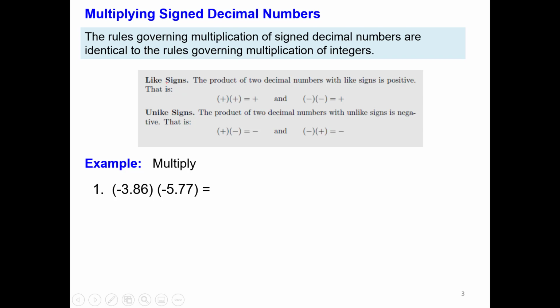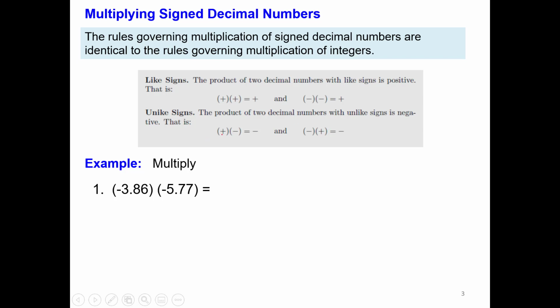If we have like signs, the product of two decimal numbers with like signs is always positive. If we multiply two positive numbers, the product is positive. If we multiply two negative decimal numbers, the product is always positive. With unlike signs, the product of two decimal numbers is negative.